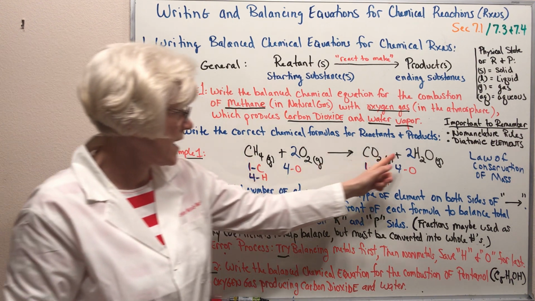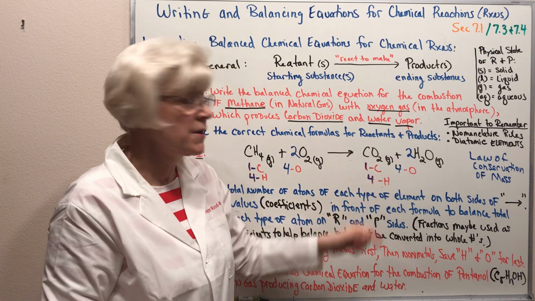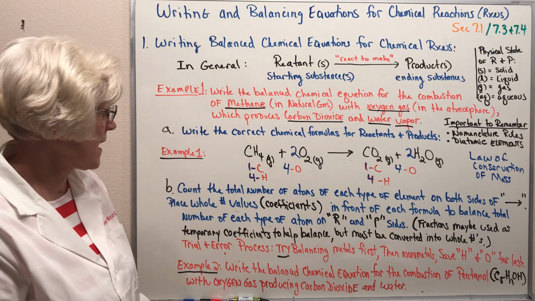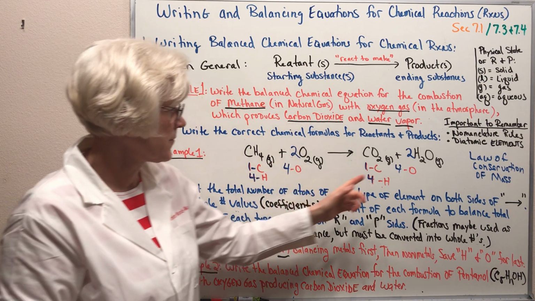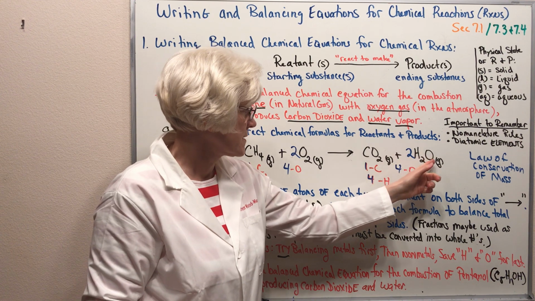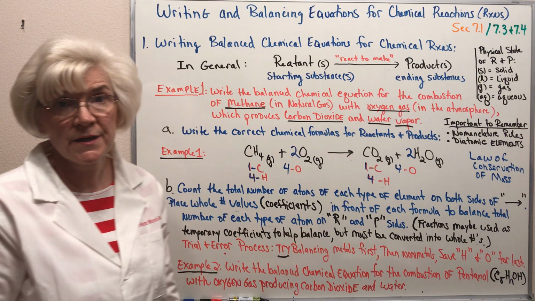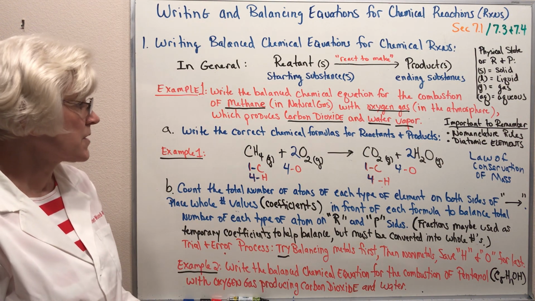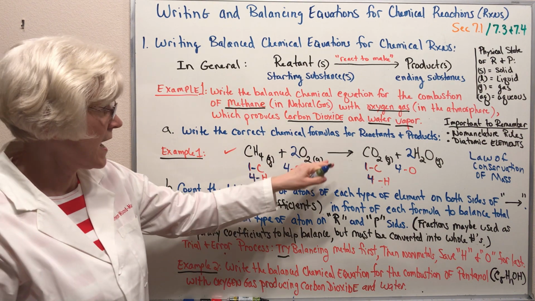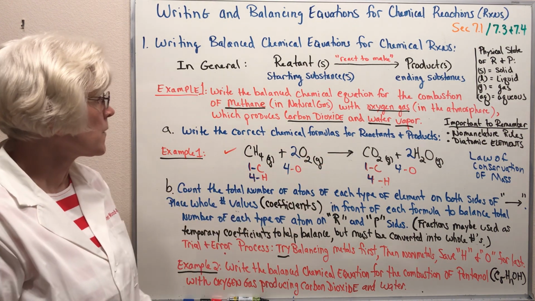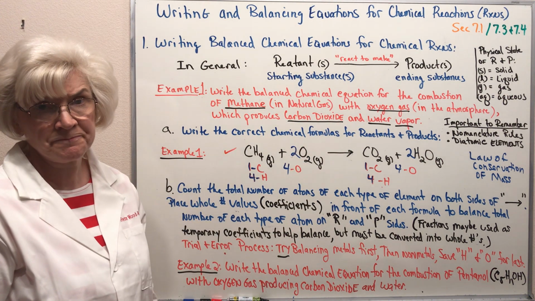I see that I have a total of 4 hydrogen, 2 times 2, 4 hydrogen on the product side, and I see 2 times 2, 4 oxygen on the reactant side. 2 times 1 is 2 plus 2, 4 oxygen on the product side. So I have satisfactorily written the balanced chemical equation for the combustion reaction of methane with oxygen gas.